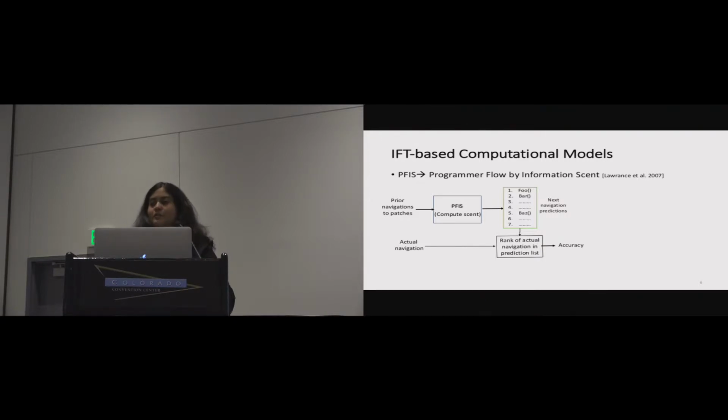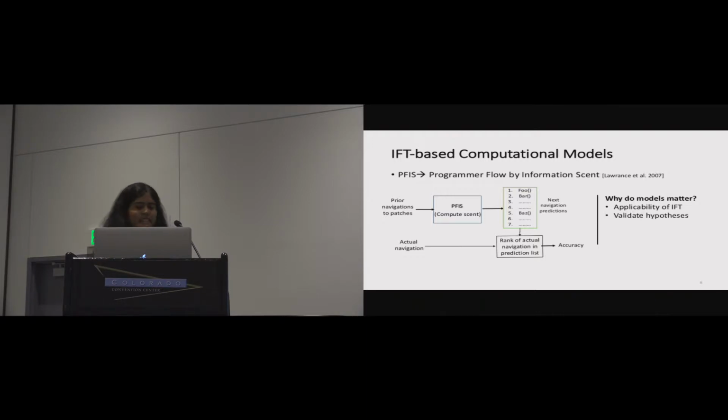Okay, now that we know how PFIS works, let's diverge a bit and talk about why these models actually matter. The fact that we can use the theory's constructs and propositions to build such a model directly says that IFT is applicable to that domain. The second thing we can do with such a model is validate specific hypotheses, like do programmers navigate in one variant the way they navigate in the other variants?